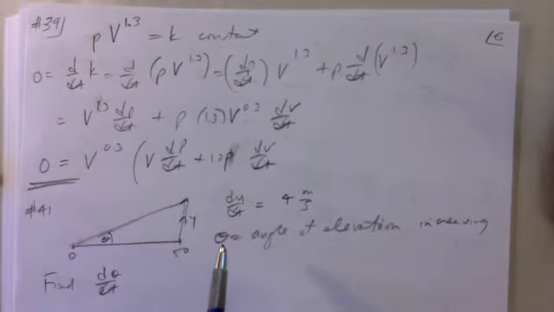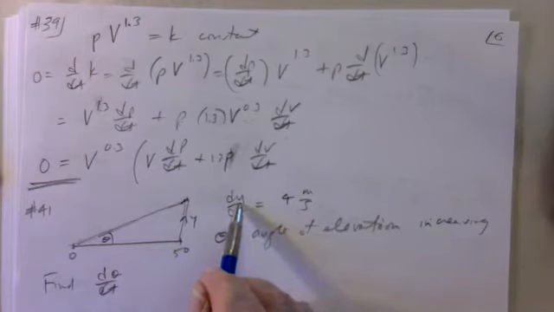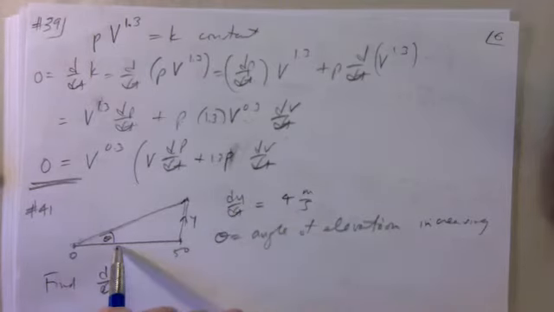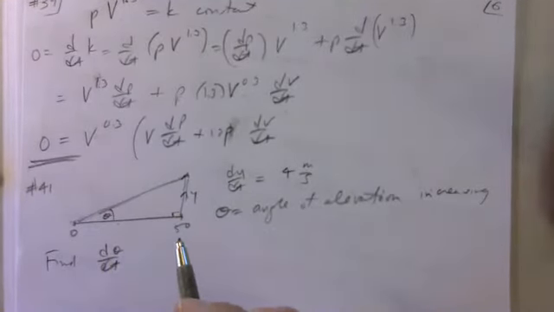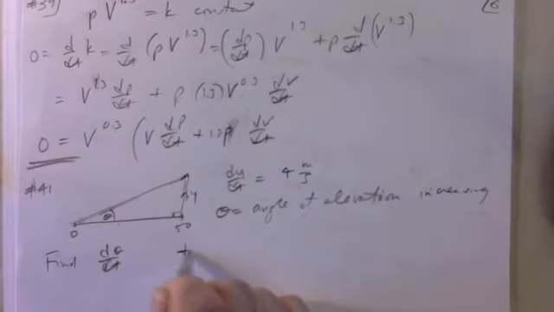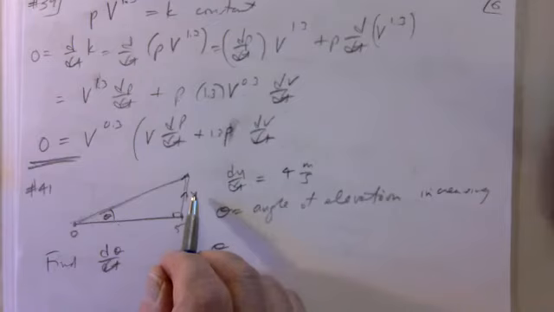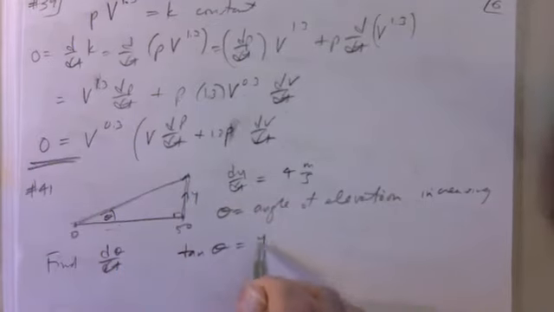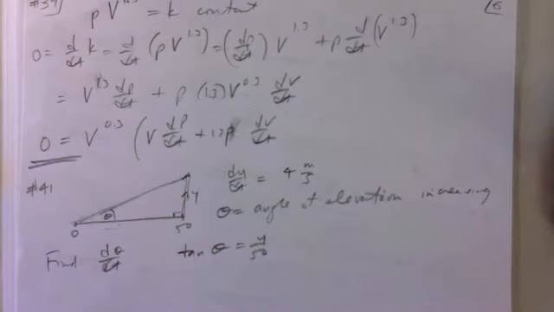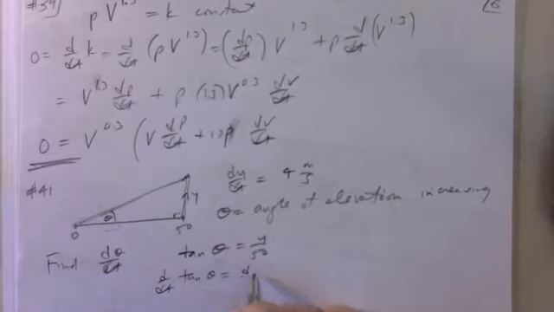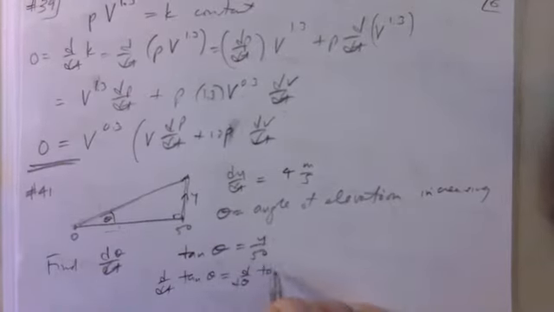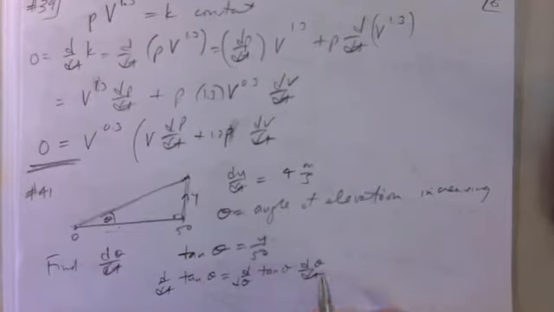So we need a relationship between the variable we know, the height y, and the variable we want to investigate, which is theta. And if you look at this picture, there's an obvious relationship because the tangent of the angle theta is y over 50. So if we differentiate, the derivative with respect to t of tangent theta is the derivative with respect to theta of tangent theta, times d theta/dt.